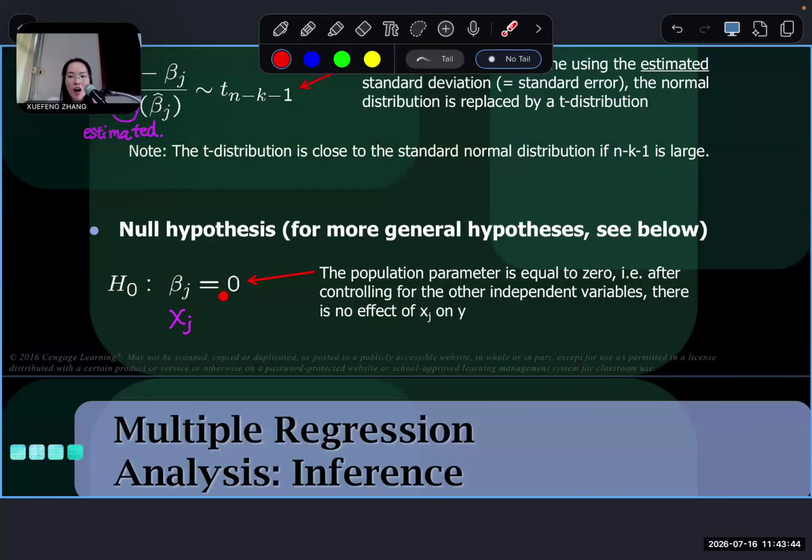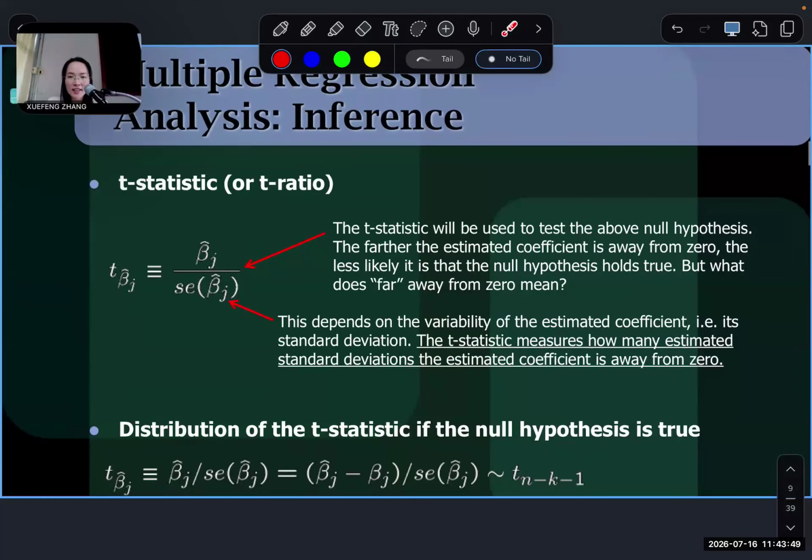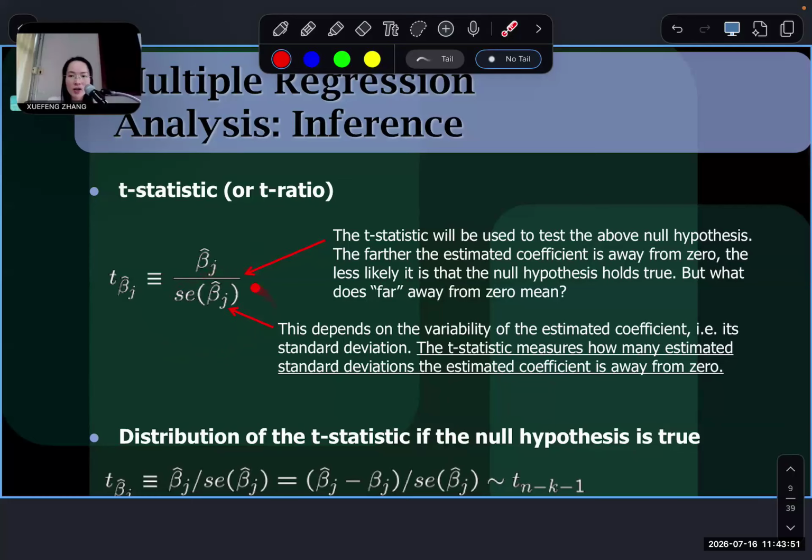But far compared to what? We need a scale. That scale is the standard error, the variability of our estimate. So the t-statistic literally answers how many standard errors our estimate is away from 0.